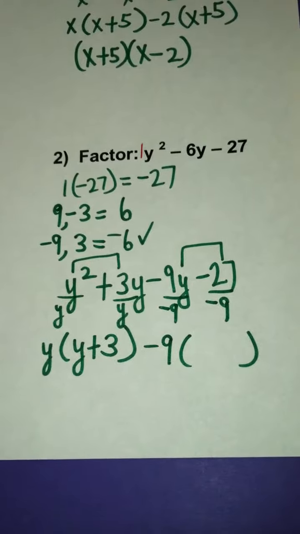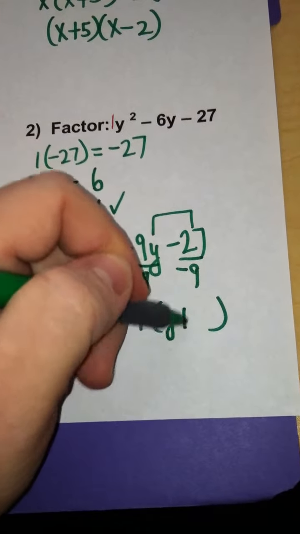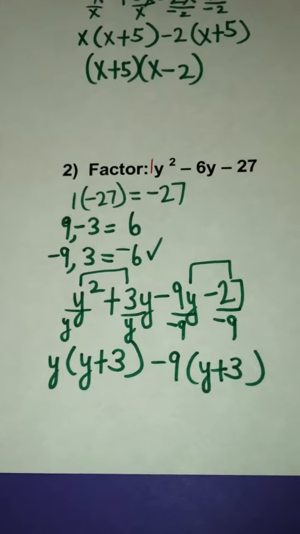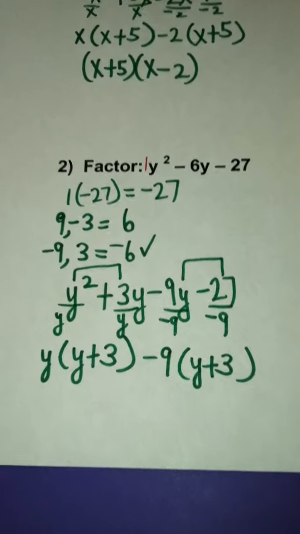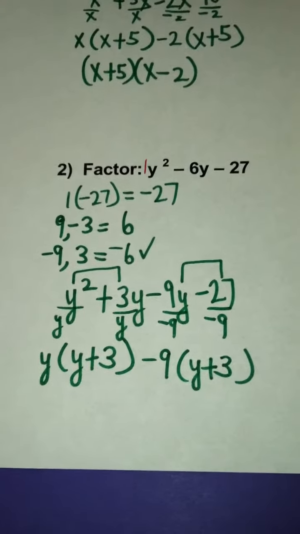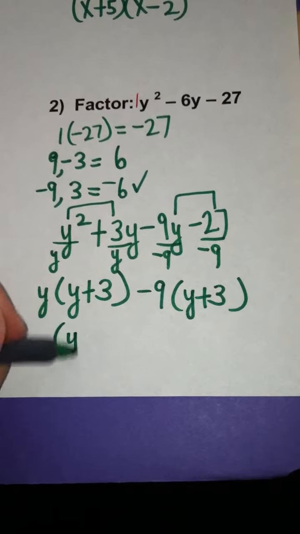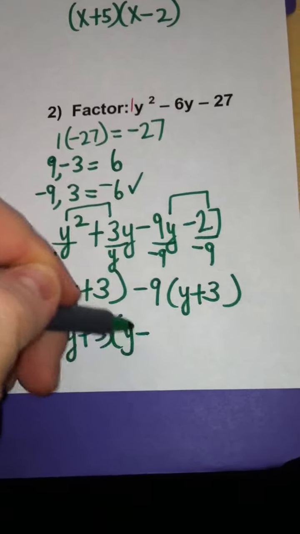If we take out a negative 9, what's left is also y plus 3. Since both parentheses have the same expression, we can go ahead and express our final answer. y plus 3 times y minus 9.